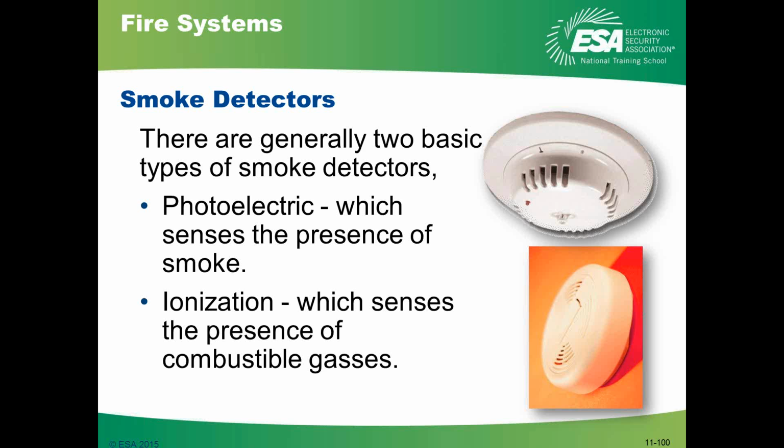It did not make it into the proposed 2016 edition of 72, but I'm sure it's going to come back and get pushed and could very well be in the 2019. So that's why you'll see a lot of the new types of smoke detectors where they're doing the combination sensing devices.